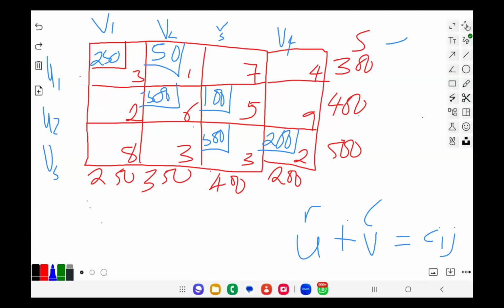What number is allocated in the cell? And by the rule, U1 is always equal to 0. So you start with this. This is always equal to 0. Is that clear? Follow the steps.